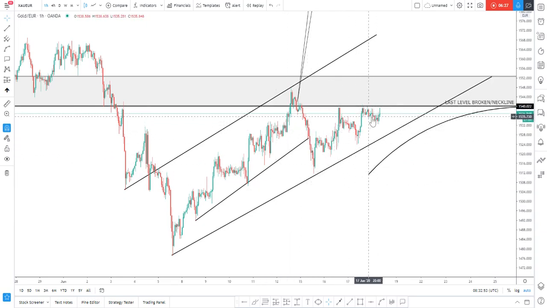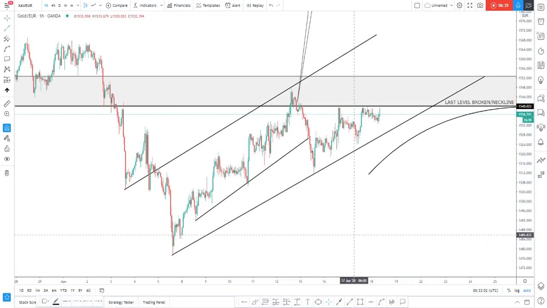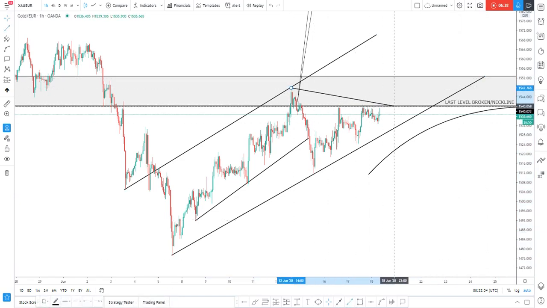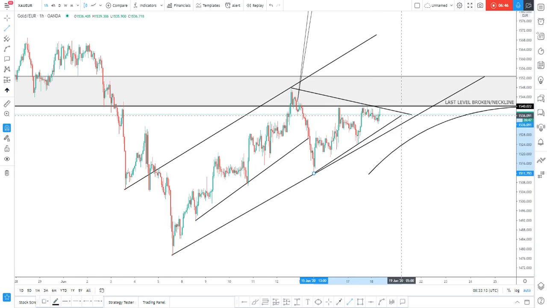At this point in price there is also a symmetrical triangle. So I'll just mark out this triangle, and a triangle within a channel, that's a pattern within a pattern, a massive tendency for price to go in the anticipated direction. So just adding this out properly.